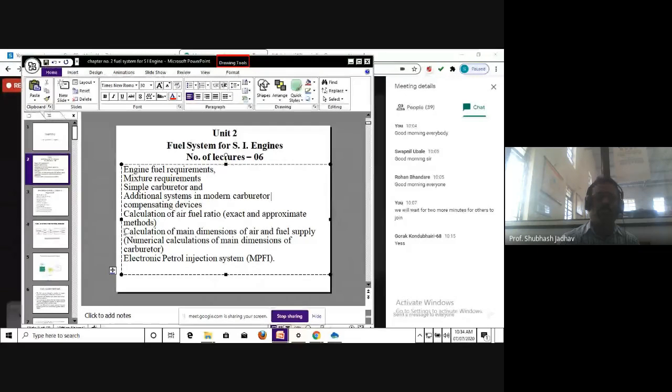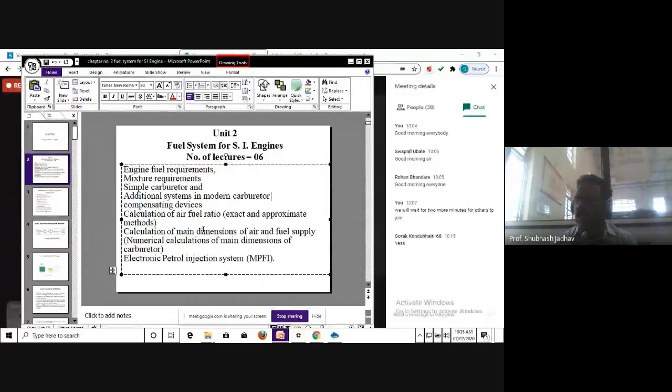We do have some numericals related to calculation of the main dimensions of the air fuel supply system. Here the main dimensions of the carburetor are going to be designed. For example, we will say the engine has this many cylinders, it has to produce this much power, it is working at so and so speed, and then what will be the air fuel ratio required.